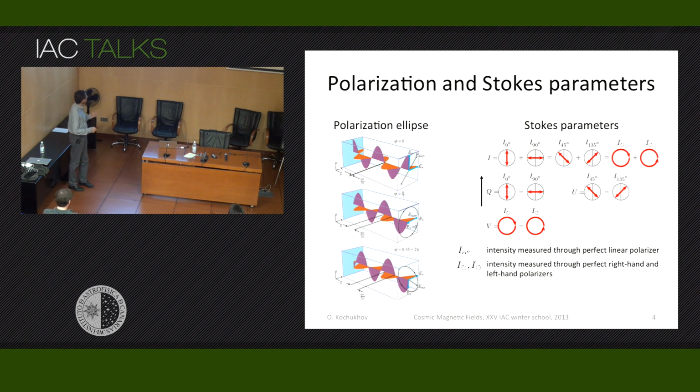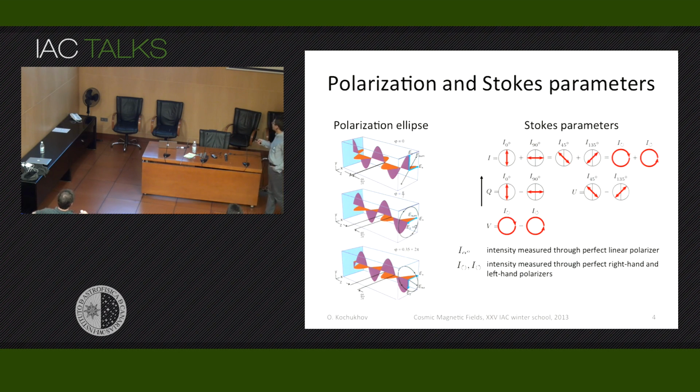We have something that measures intensity using a perfect linear polarizer, which makes a certain angle alpha relative to a reference direction, okay? And this is what I denote with capital I and this small alpha.